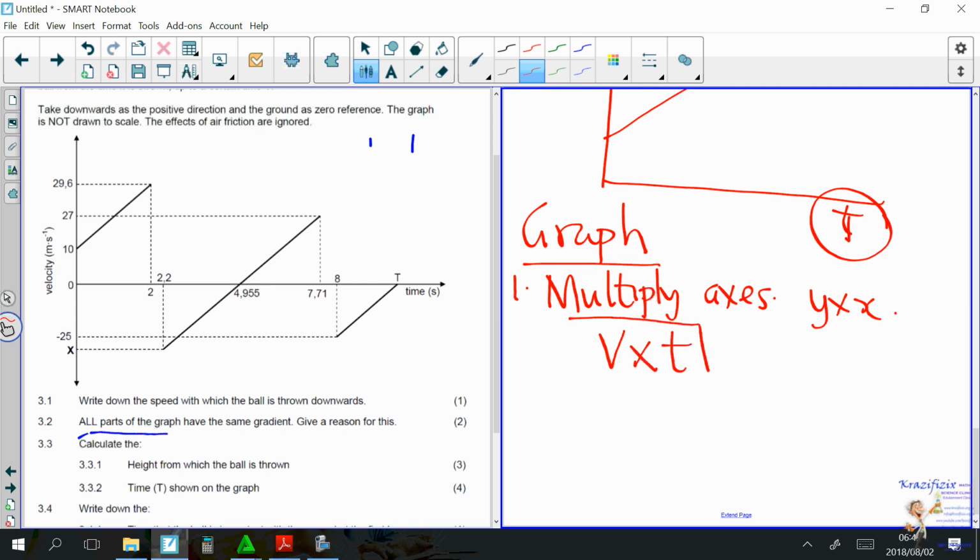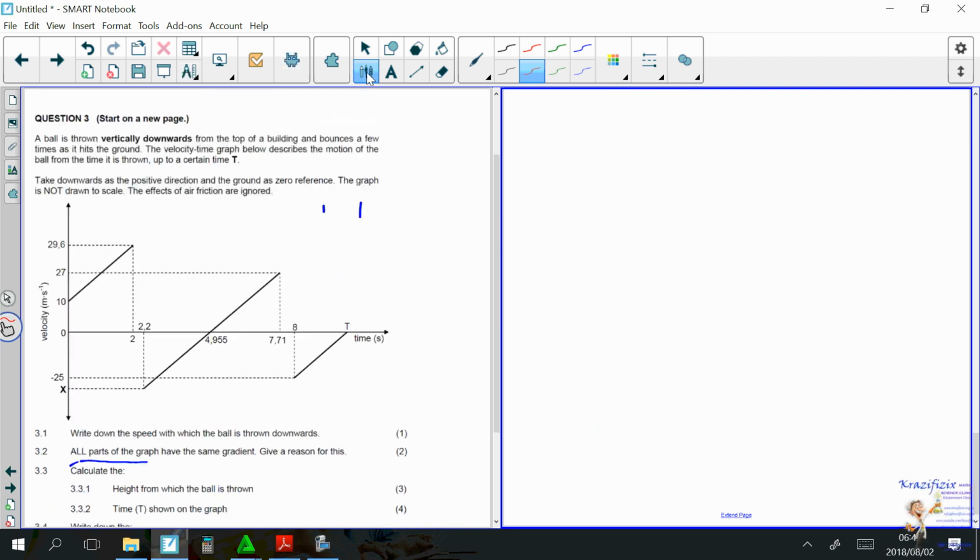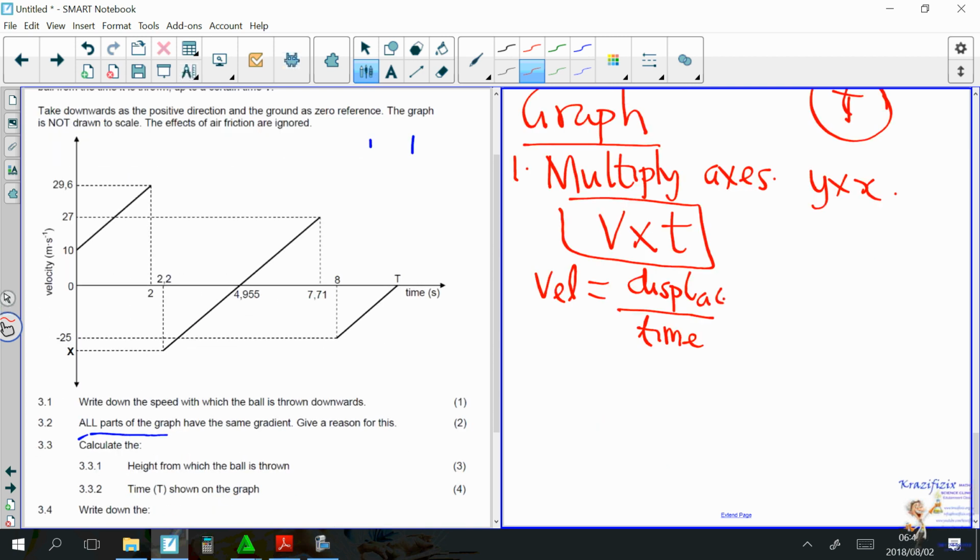Does this formula exist? Let's go check something. What is velocity? If you remember grade 10, it is displacement over time. Let's cross multiply.